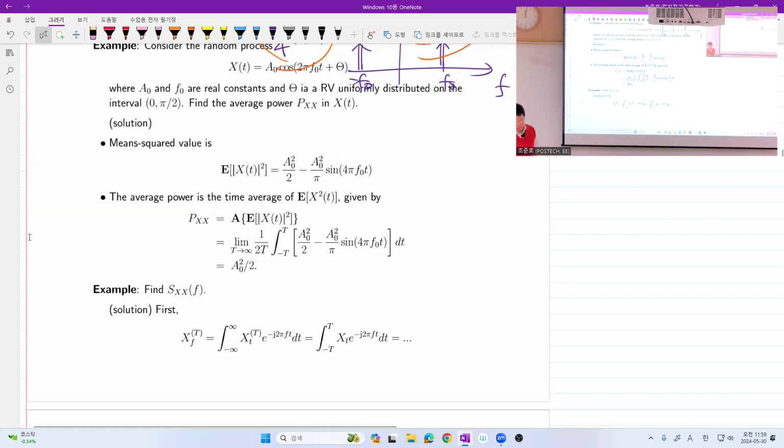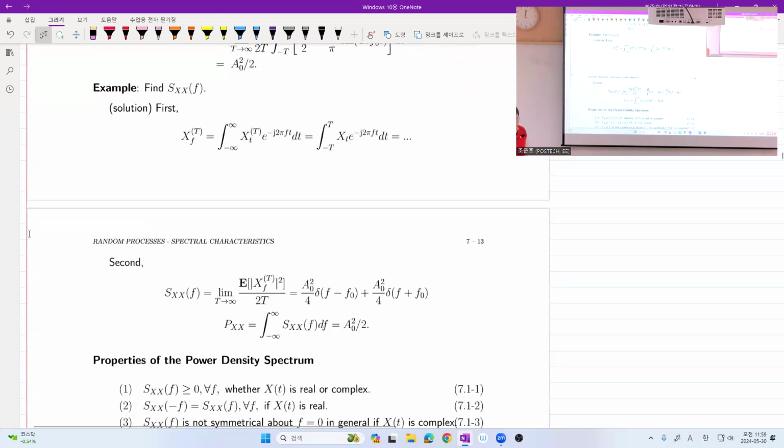But anyway, you can show this, as I told you. Now, this is one of the simplest random processes, yet it has a problem when you apply the definition directly to compute the autocorrelation function. The definition is good, but hard to use.